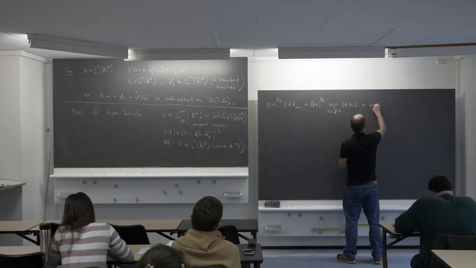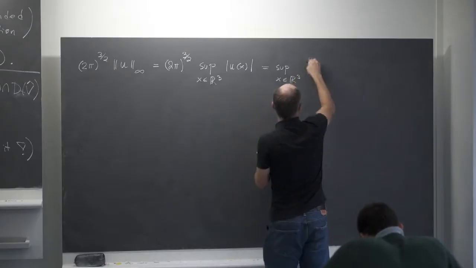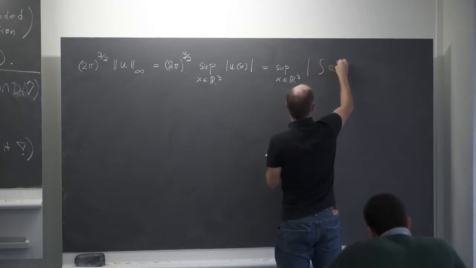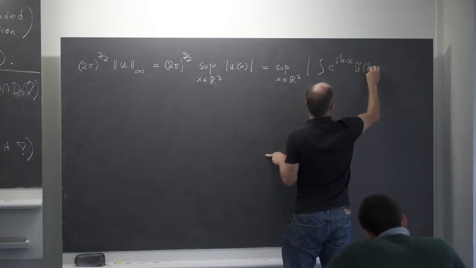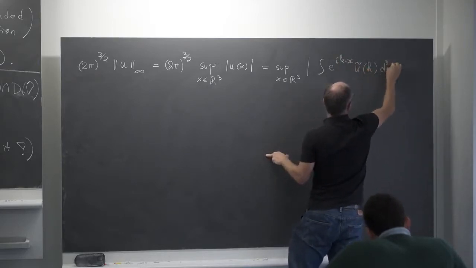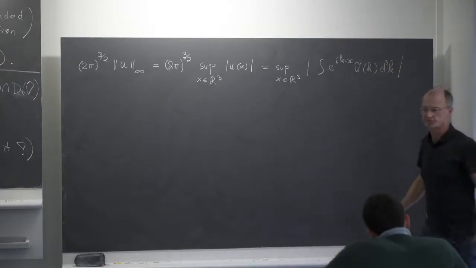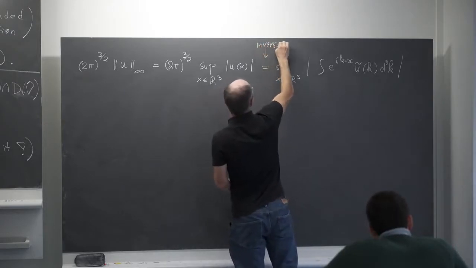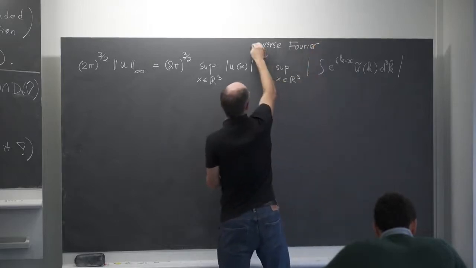So this is the supremum over x in R3 of the integral of exponential ikx u tilde of k d3k, using the inverse Fourier transform.